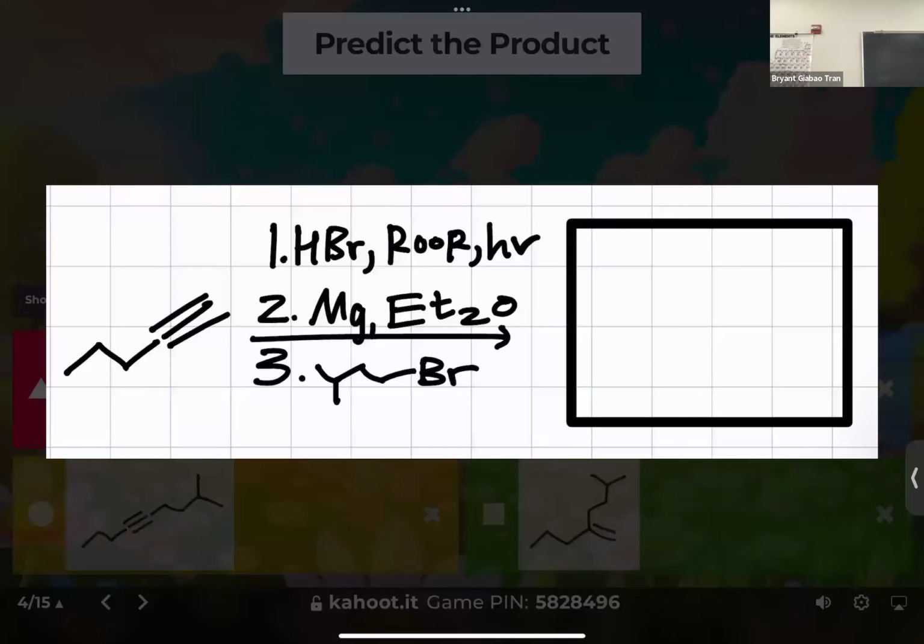So when you see HBr and ROOR, this ROOR thing, think of anti-Markovnikov. Which means that we're going to add the bromine on the left side of the alkyne. This carbon here is the left side of the alkyne, so we make the bromine go there. This triple bond becomes a double bond.